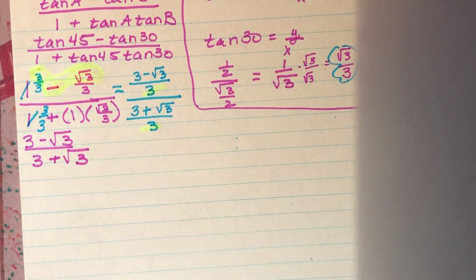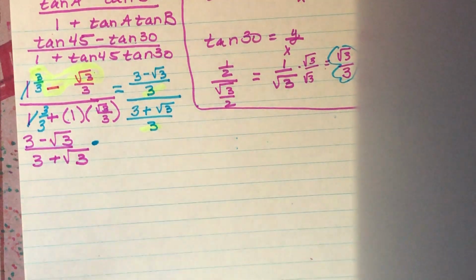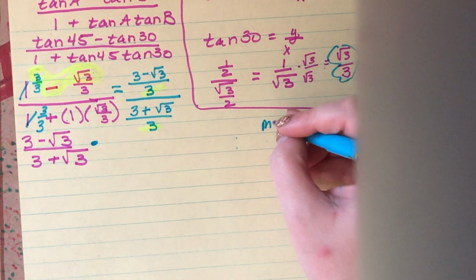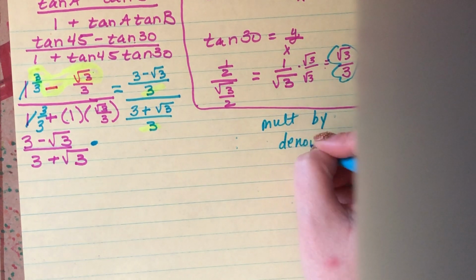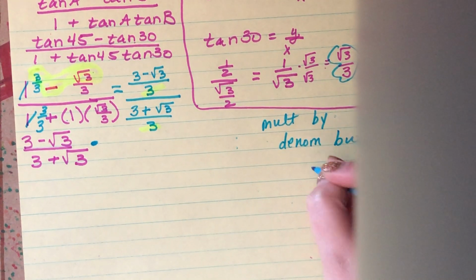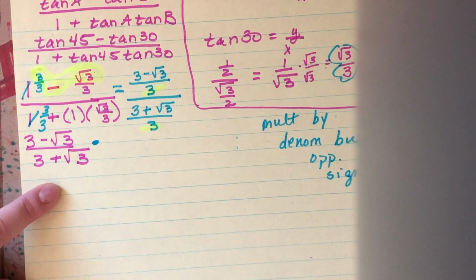But then you're not supposed to have a house in the denominator. So I have to rationalize. And I'm going to multiply by the denominator but with an opposite sign, because that'll make a difference of 2 squares and make the house cancel.